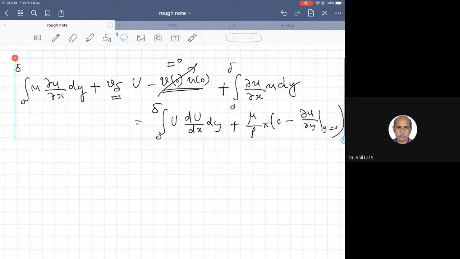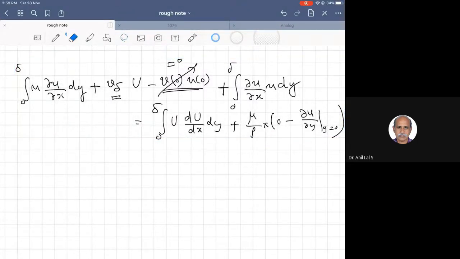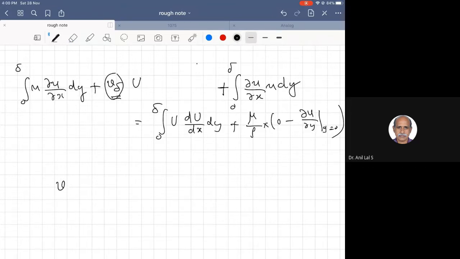So I will copy this. What will happen is this will go, and something for v delta. V delta is mathematically the integral of dou v by dou y from 0 to delta dy.